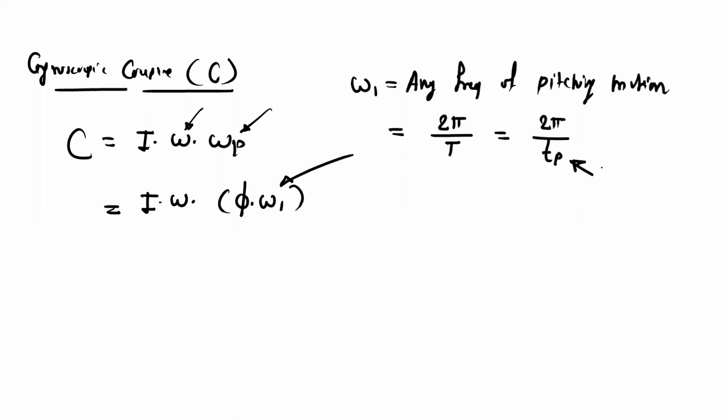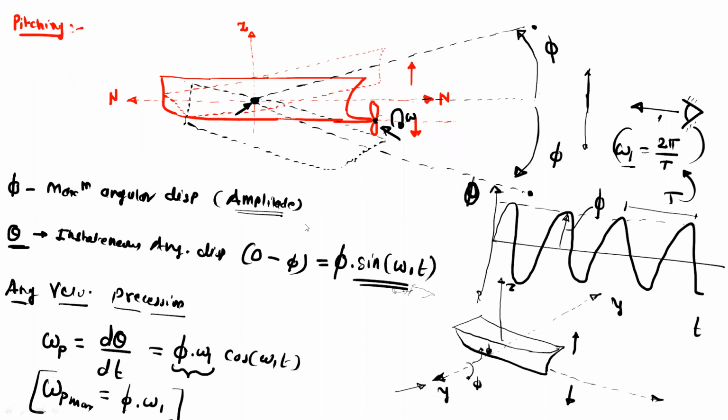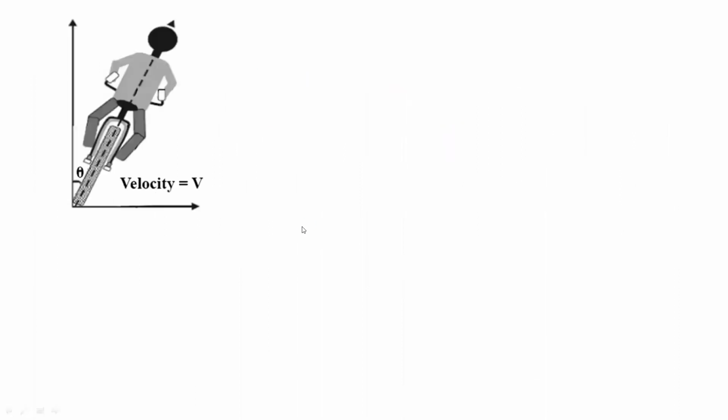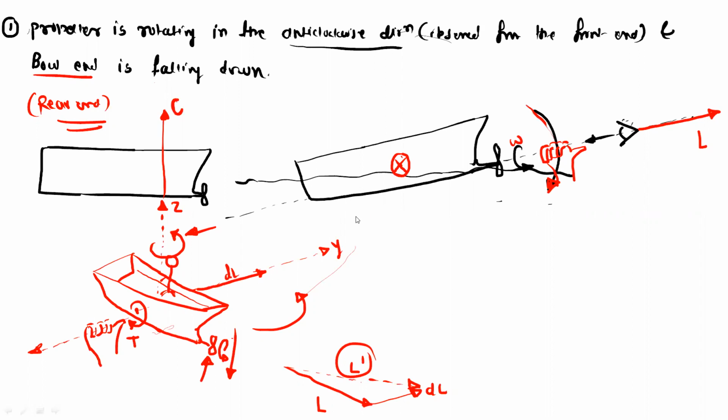So this is the time period of the pitching motion. With this formula you can find out the magnitude of the gyroscopic couple, and by using the angular momentum vectors you can decide the effect, whether the ship will turn to the right side or to the left side. To decide the effect we have to draw the angular momentum diagram.